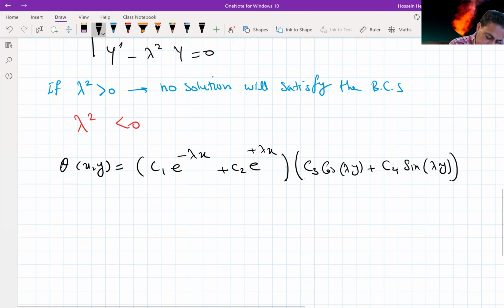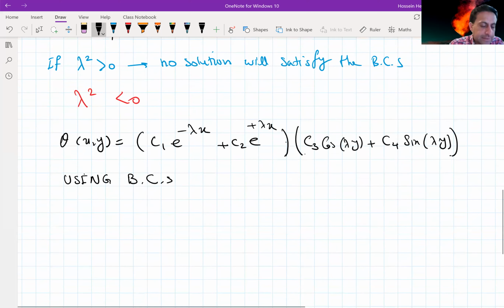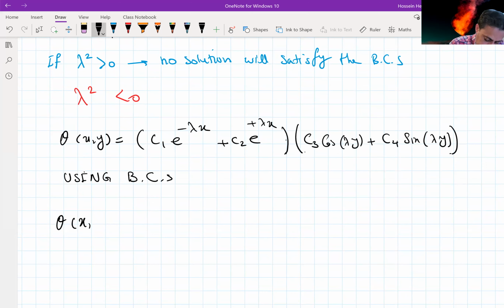Now, if we use the boundary conditions that we have, we can get theta of x and y, which is in fact (T(x,y) minus T0) over (T1 minus T0).